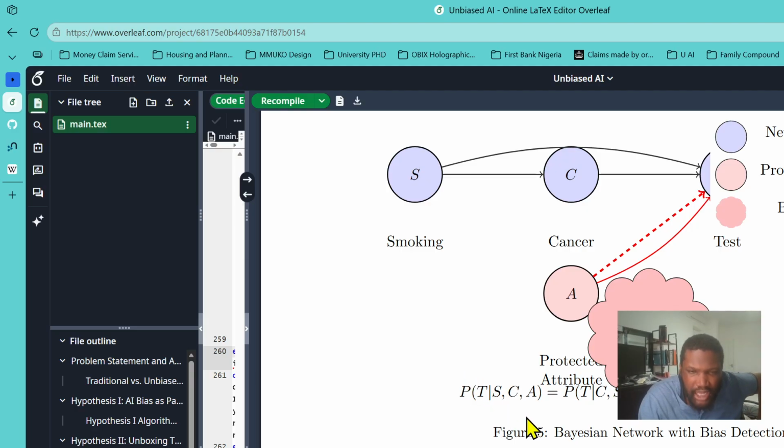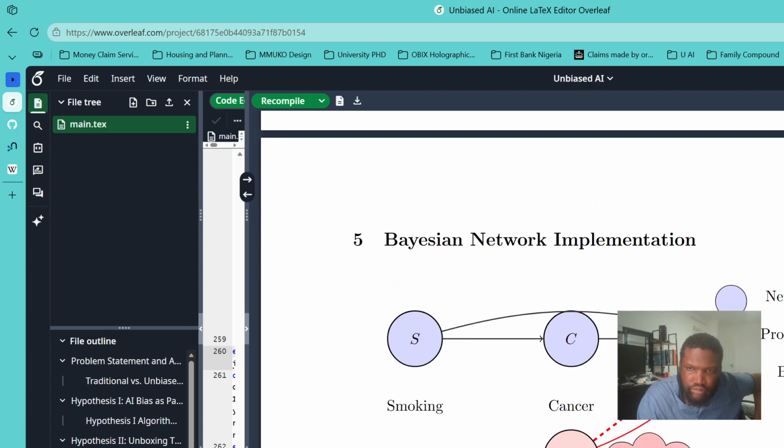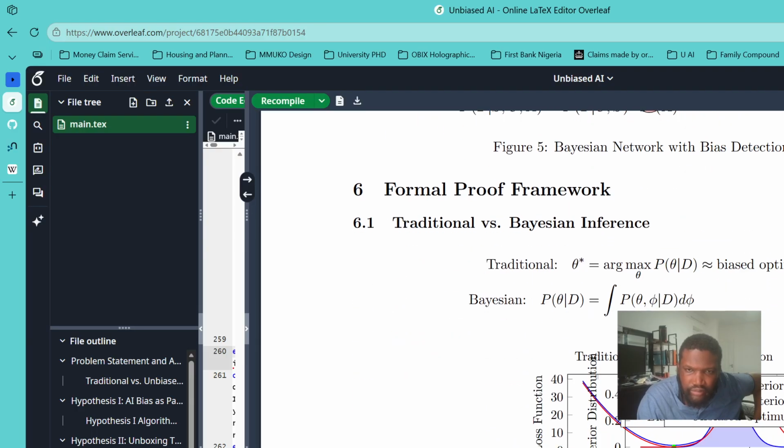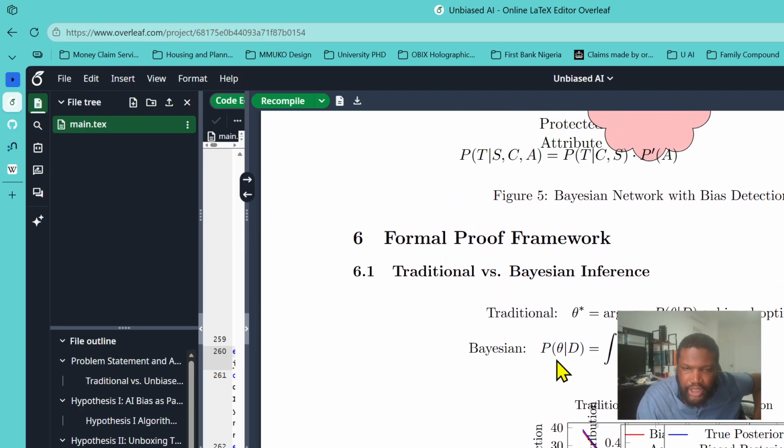Probability of T given S, C, and A equals the root of T given CT dot the probability of the prime, the probability given A. This is a bias path. So the probability of theta, the data, traditional argmax, bias optimum.